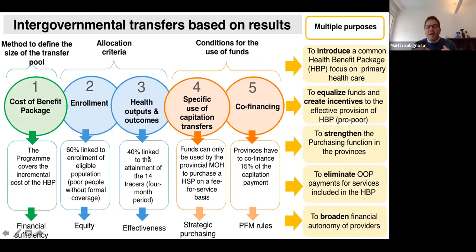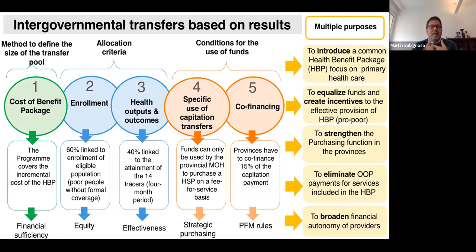And well, through these intergovernmental transfers, the federation in Argentina is following many purposes. For example, the introduction of a common health benefit package in all provinces that placed the focus on primary health care.